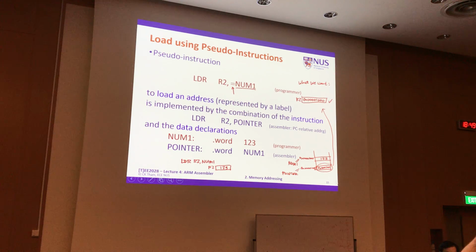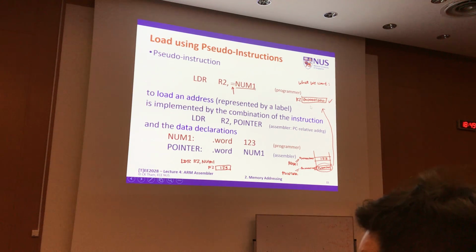That's how this value goes inside R2. And that is how you load the base register, because the base register is an address. How did the address go in? You would normally use equal and a label, and then this address found its way inside the base register through this mechanism. Okay, so three kinds of load.